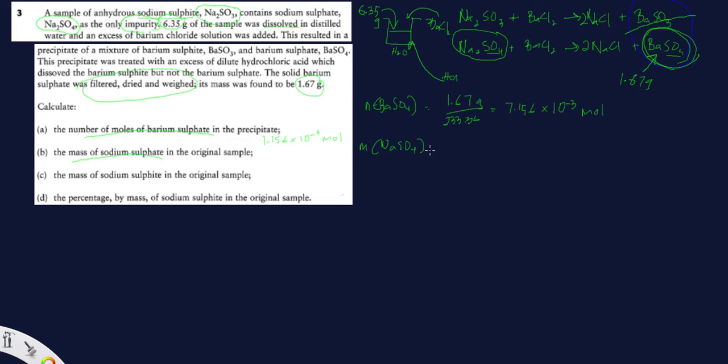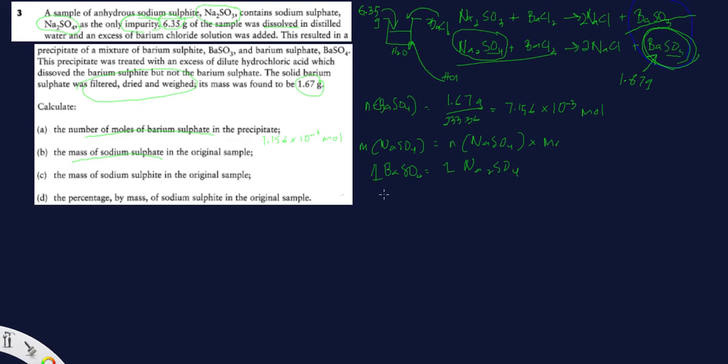We get that by multiplying the number of moles of sodium sulfate by the molar mass of sodium sulfate. But what is the number of moles of sodium sulfate? Using the equation above, we know that 1 barium sulfate comes from 1 sodium sulfate. That's the key.